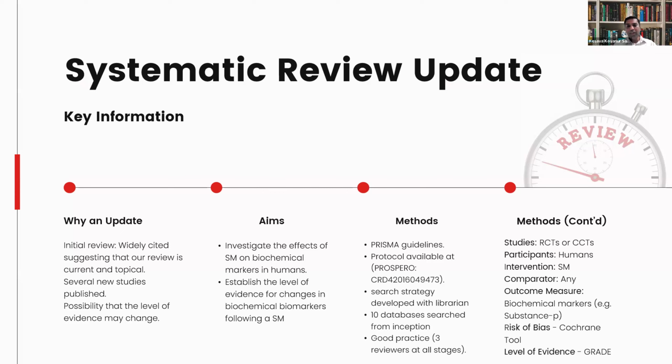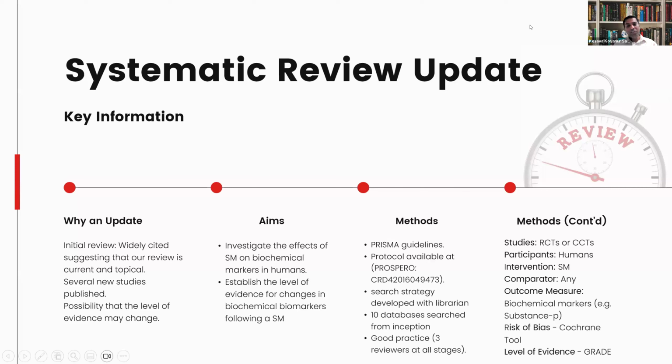So we thought there is a possibility that the level of evidence that we proposed back in 2017 could change. For example, it could go from medium level evidence to high level evidence, or from high level evidence to low level evidence. And this shift in level of evidence is really important to understand, as it would either result in more studies, or we could just say, hey, we have done enough studies, there is not much point in doing any more studies here because the level of evidence wouldn't change.